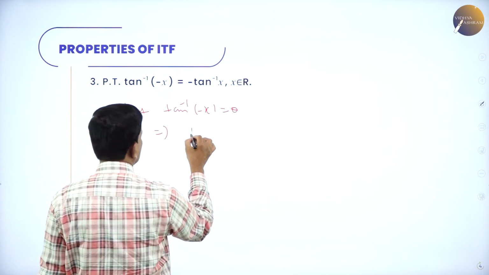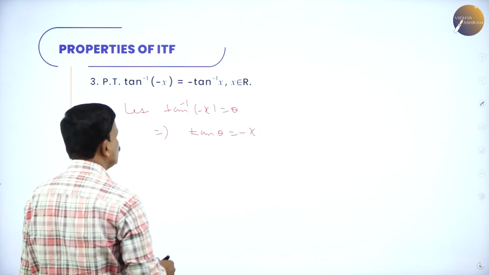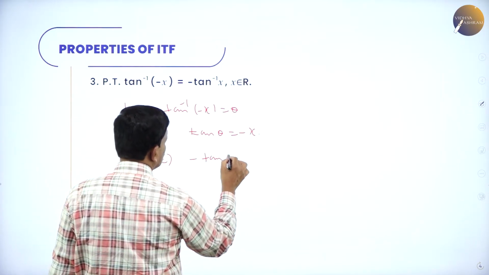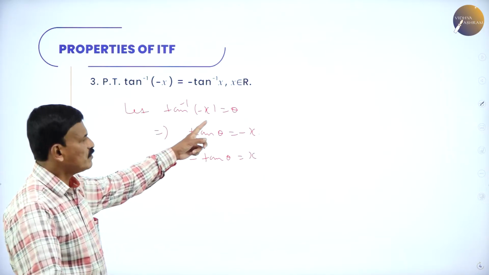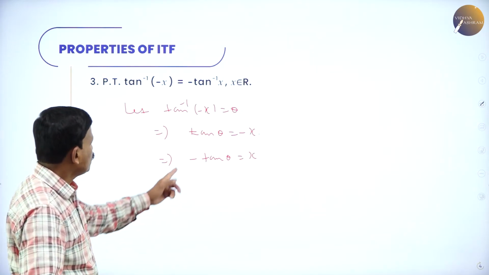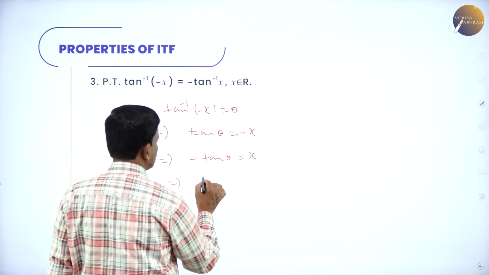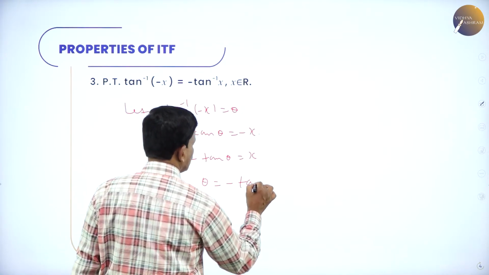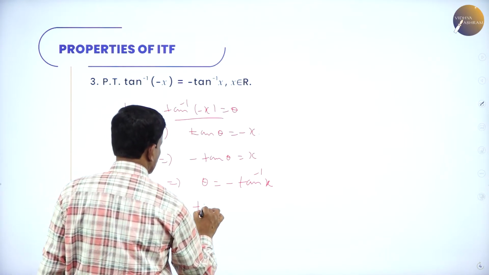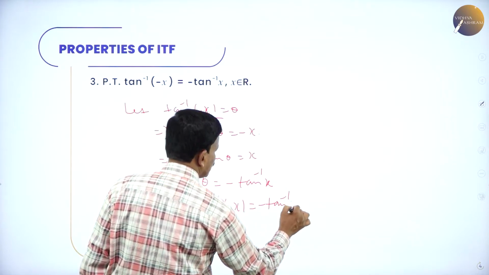This implies tan theta is equal to minus x, which implies minus tan theta is equal to x. This implies theta can be written as minus of tan inverse of x. What is theta? Tan inverse minus x. So therefore, tan inverse of minus x is equal to minus tan inverse of x.